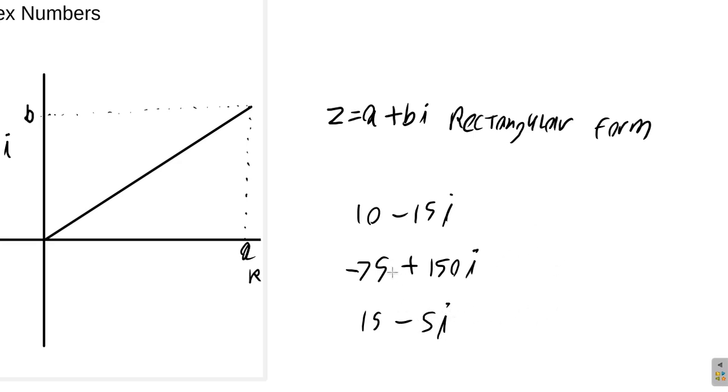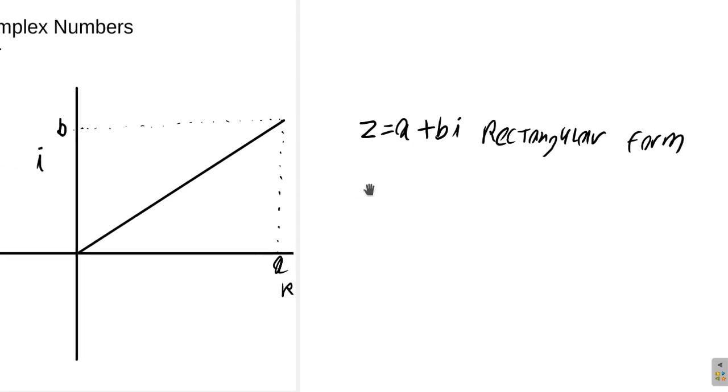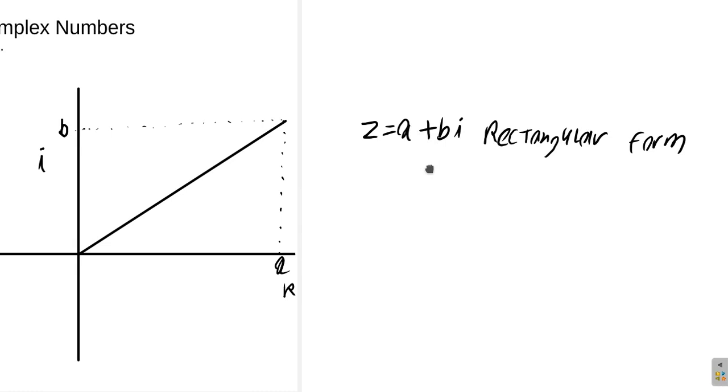These are still in the form a plus bi because this is 10 plus negative 15i. This is 15 plus negative 5i, and so on and so forth. So they are all in rectangular form. a plus bi is the rectangular form.